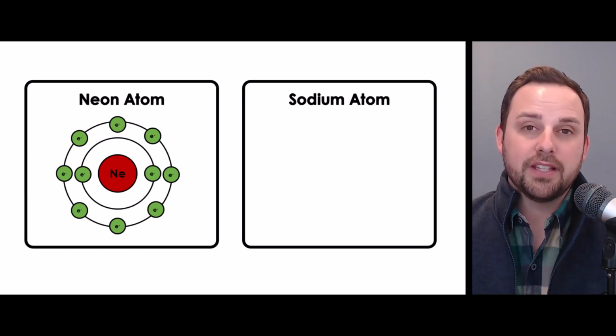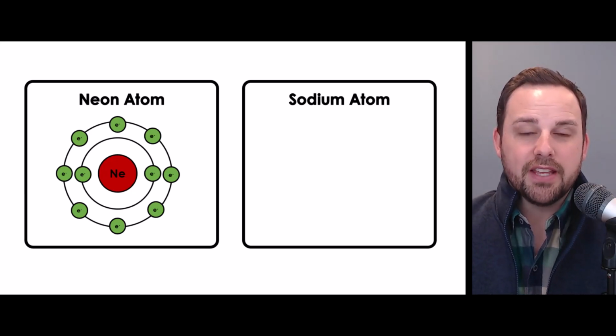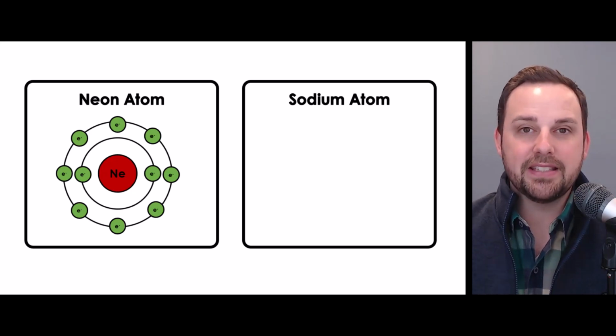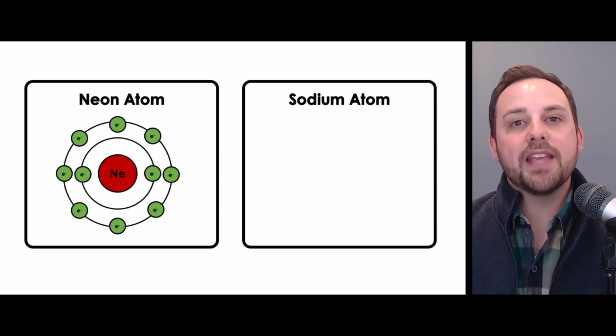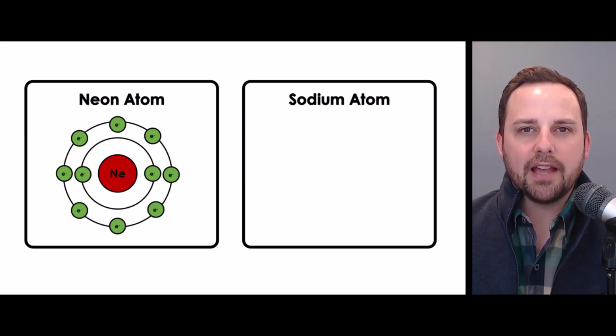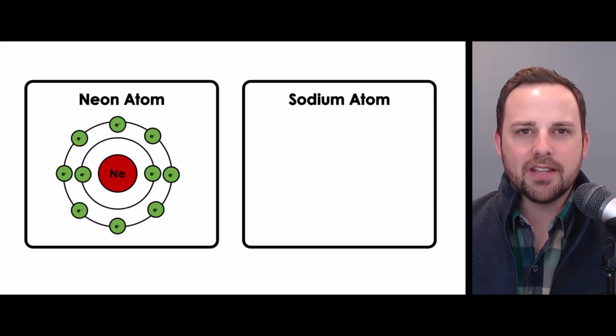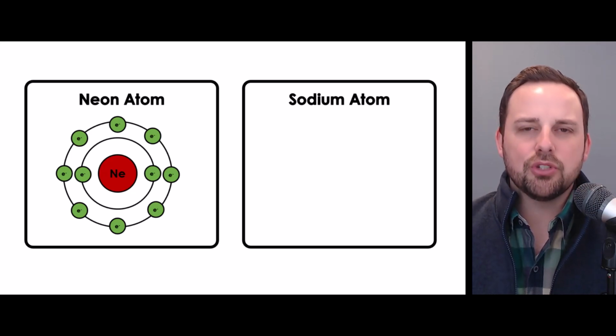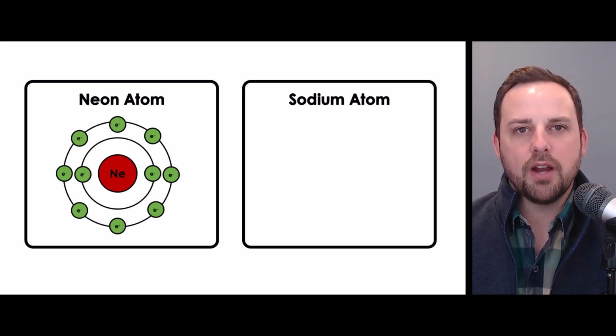It doesn't want to give away any of its electrons, and it doesn't want to gain any additional electrons because it has exactly 8 electrons in its outer shell. That's why it's called one of the noble gases or inert gases, because it's not very inclined to interact with other atoms or other elements.